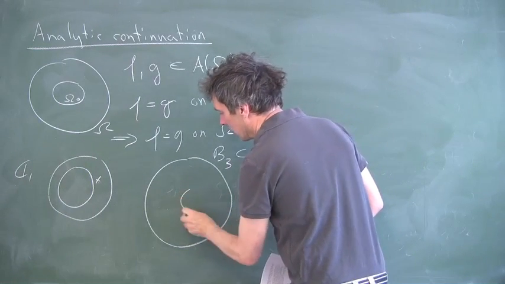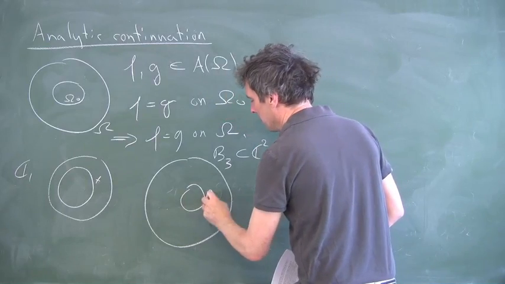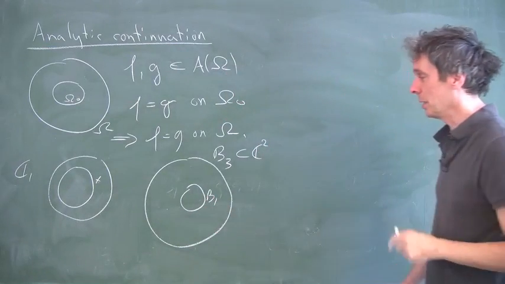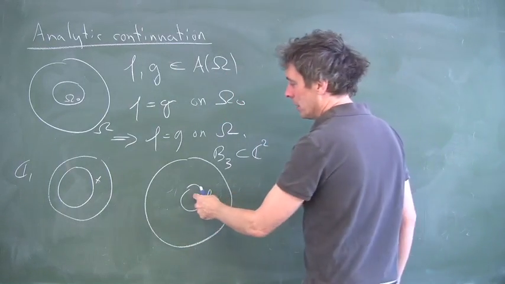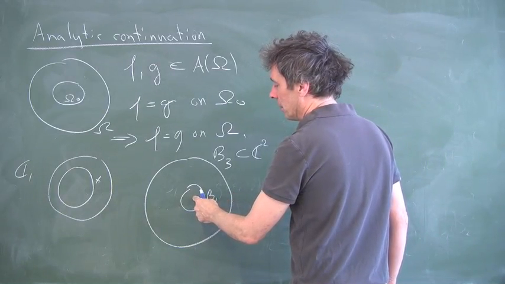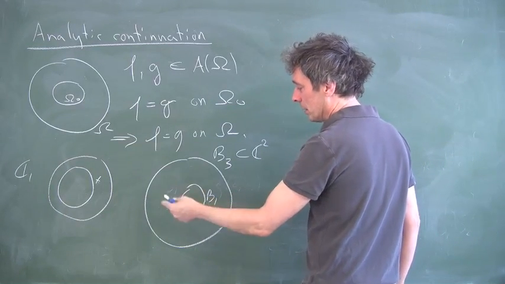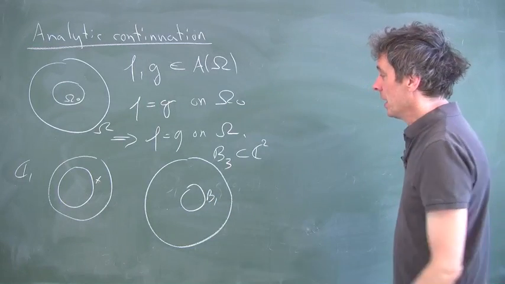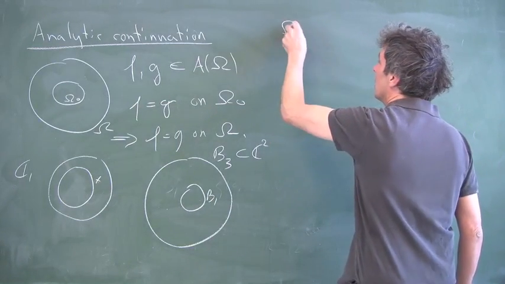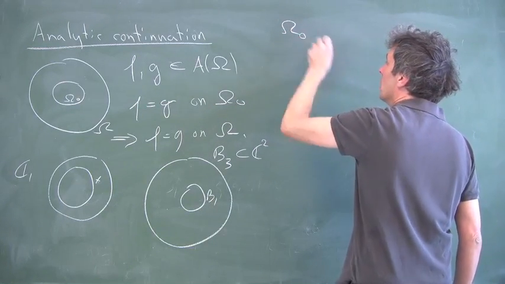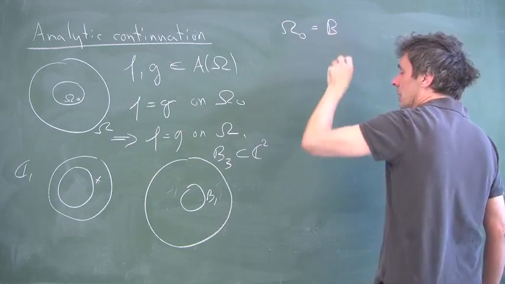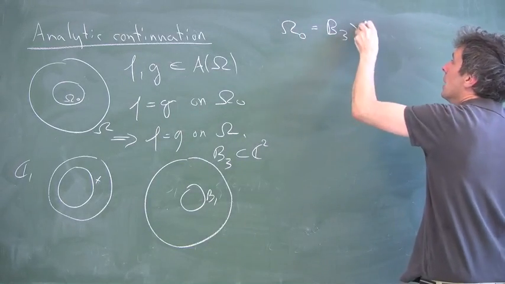And then inside here we have a smaller ball, which is B1. It's really the unit ball, the set of all points with distance less than 1 to the origin. And then we can consider this set omega naught, which is B3 minus B1.